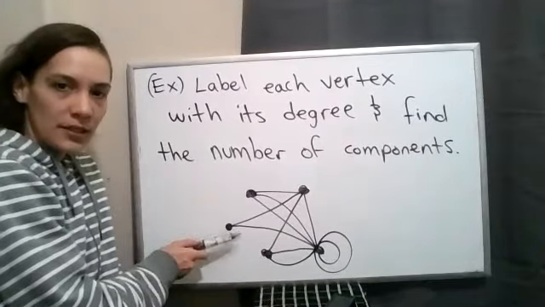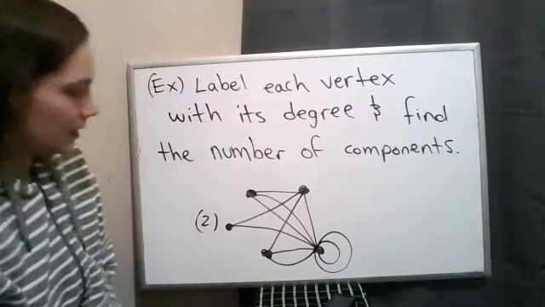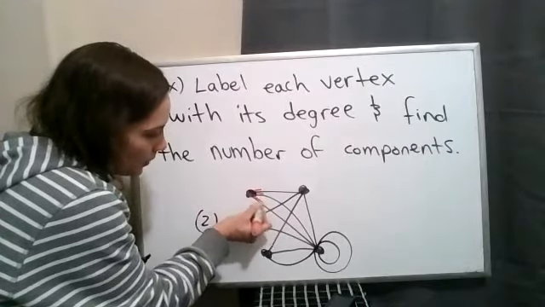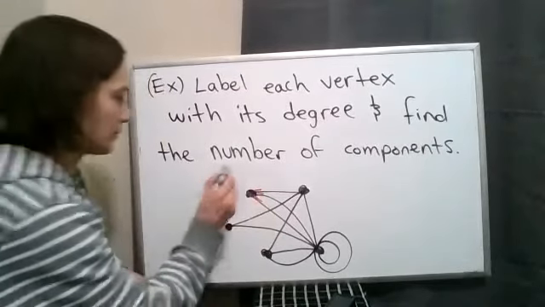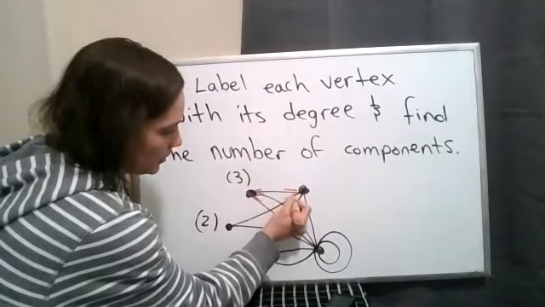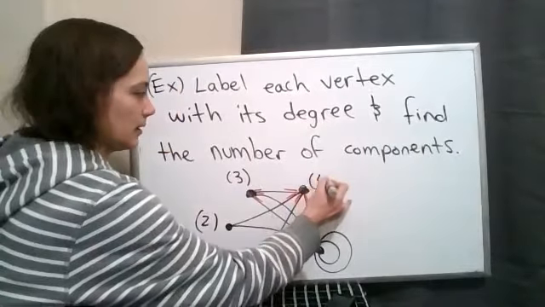That's got 2 connections, so it's degree 2. This is 1, 2, 3 times, it's degree 3. 1, 2, 3, 4, degree 4.